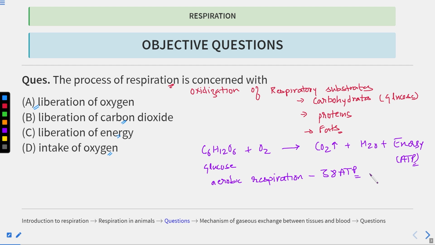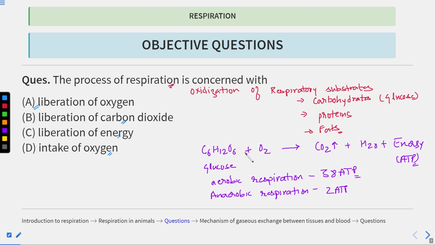And during anaerobic respiration, how many ATP are produced? Only 2 ATP are produced. Let's have a look at this equation again.